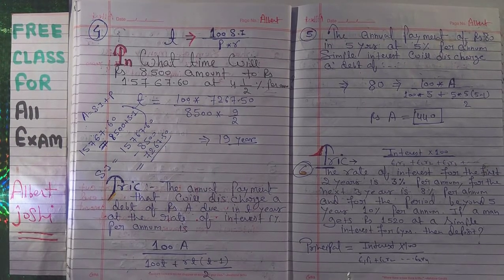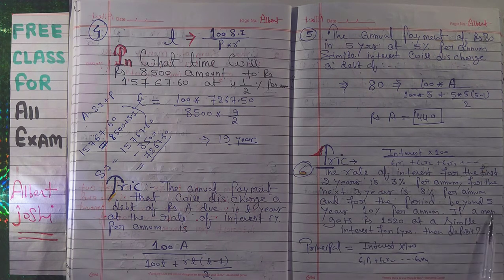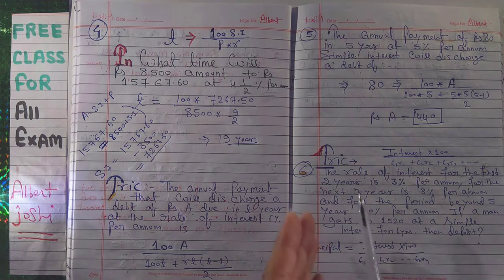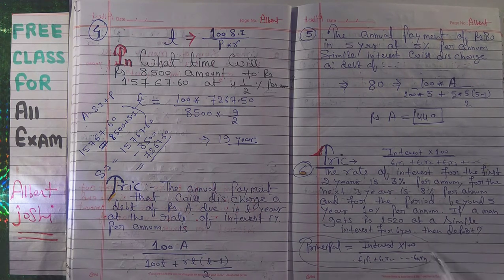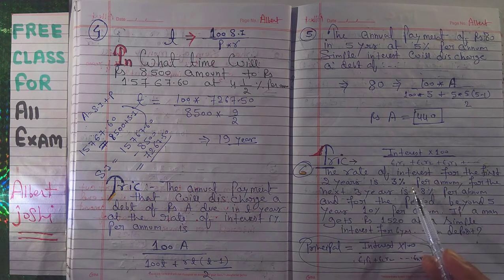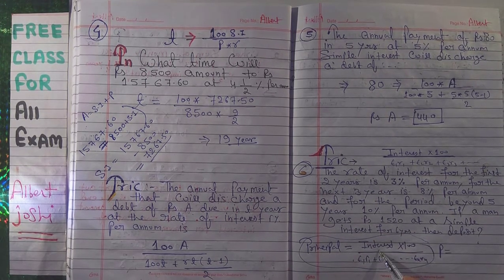If you have many parts, for example the rate of interest for the first 2 years is 3%, then for the next 3 years is 8%, then 10%, suppose you have many such parts, then it will look like this. But here you have only 3 parts.